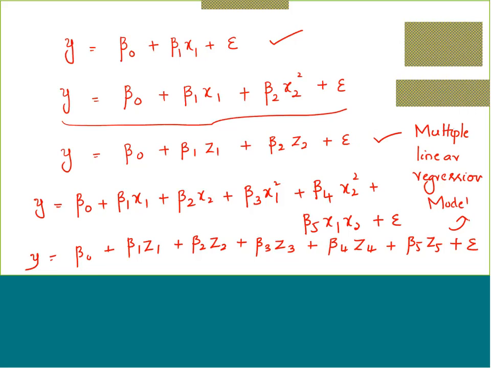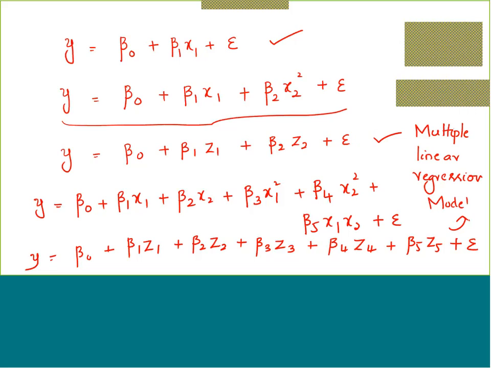A generalized linear model is nothing but y equal to beta naught plus beta 1 z1 plus beta 2 z2 plus and so on, beta p zp. Observe that beta naught, beta 1 and so on beta p should have powers 1. That's why this is a generalized linear model.